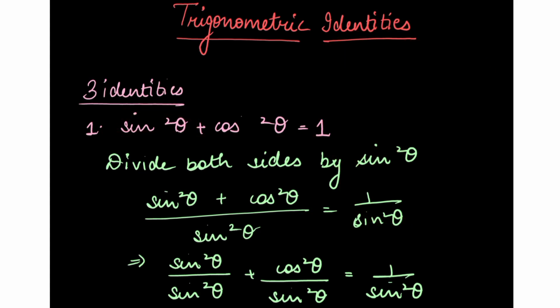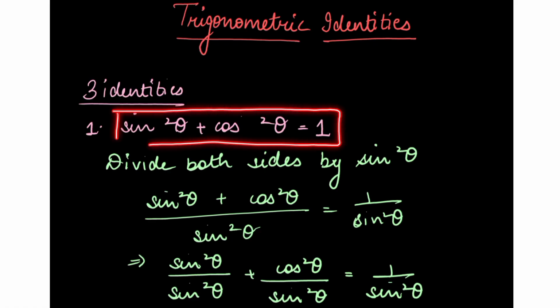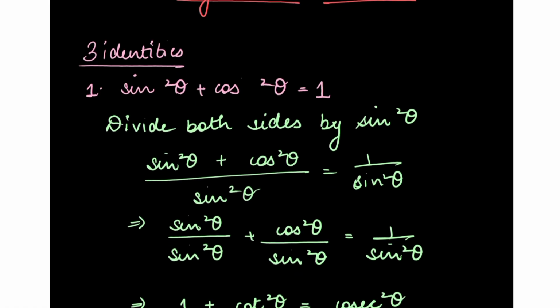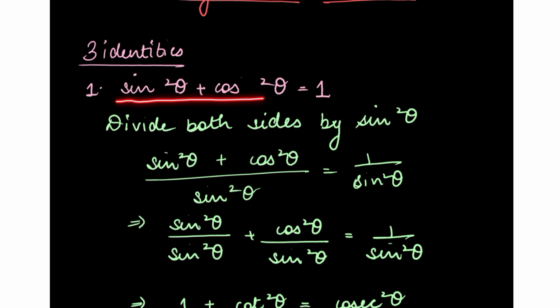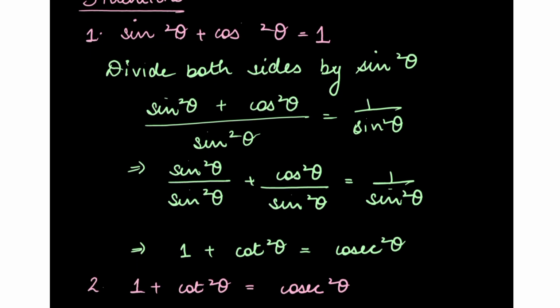Okay. So now time for the second identity. Second identity, we can basically take this first identity and divide it by sine square theta. If we divide completely by sine square theta, then we get sine square theta plus cos square theta upon sine square theta, and on the right hand side 1 upon sine square theta.